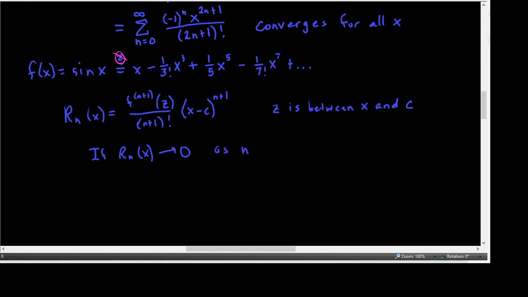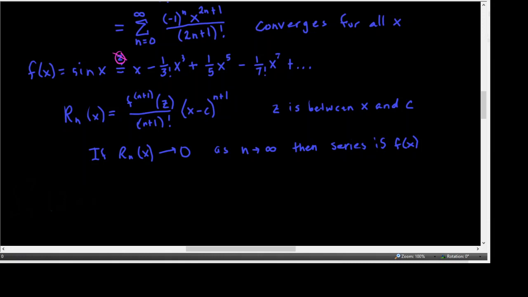As n approaches infinity, then the series is equal to the f of x used to create it. Okay.